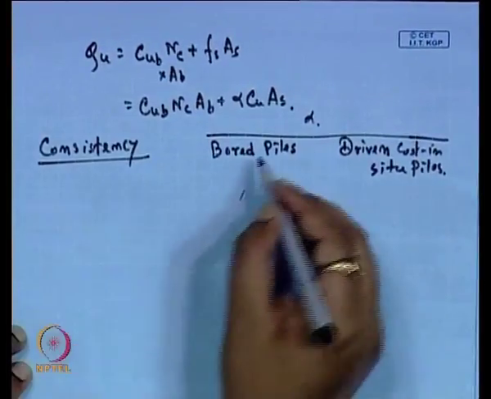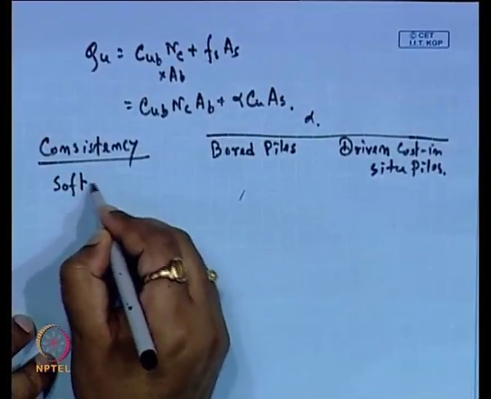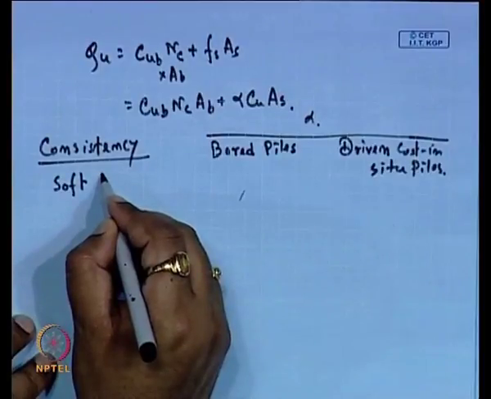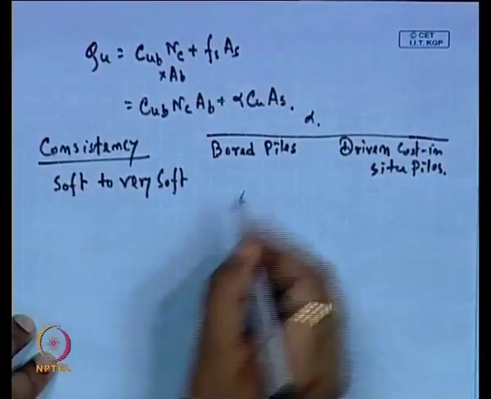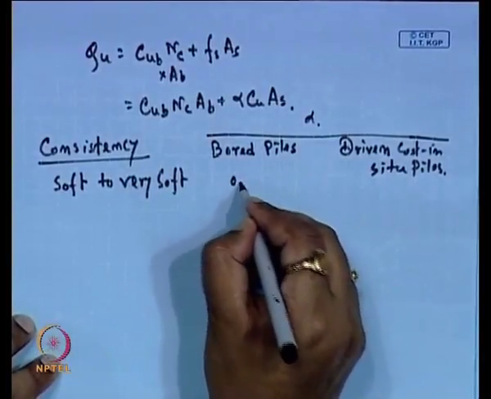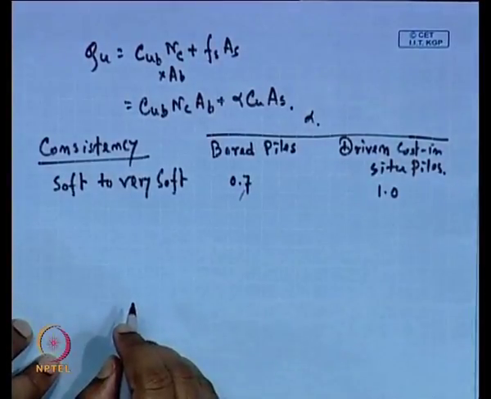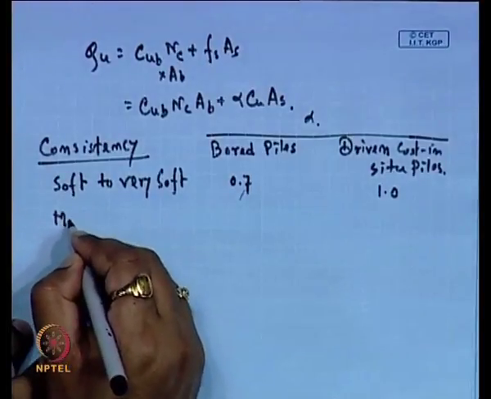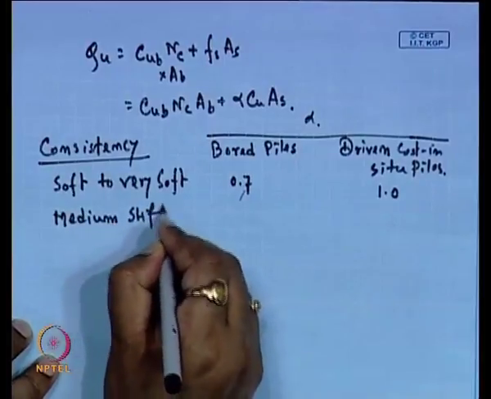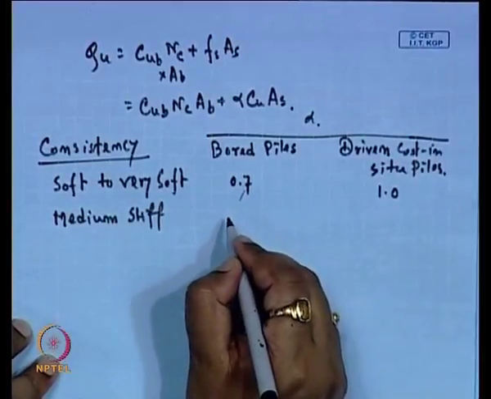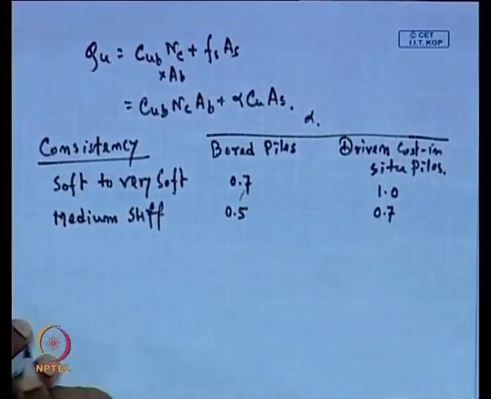Now, here for different types of soil: if it is soft to very soft soil, for the bored piles this alpha value is 0.7 you can take, and for the driven cast in situ piles it is 1. For medium stiff, the bored pile value we can take 0.5 and this is 0.7.